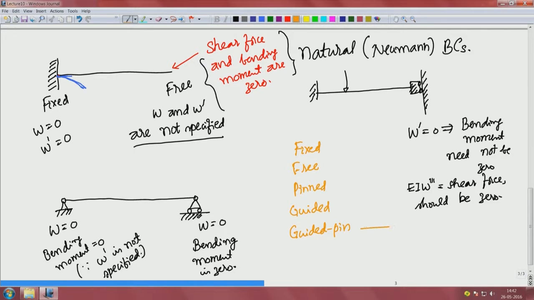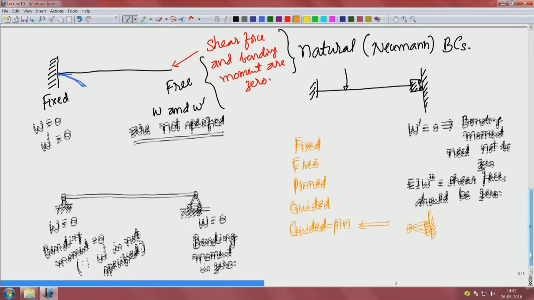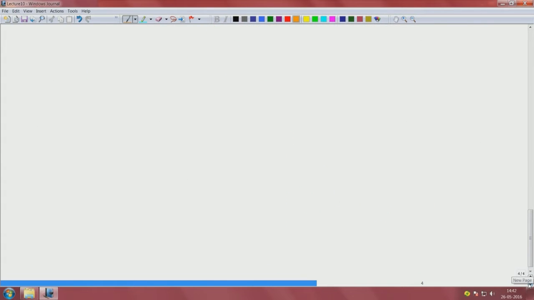So, this particular one is going to be like this, there will be a pin and this one is guided vertically. Okay. You can have all different boundary conditions and then write the appropriate things based on whether W is specified or W prime is specified. Okay.